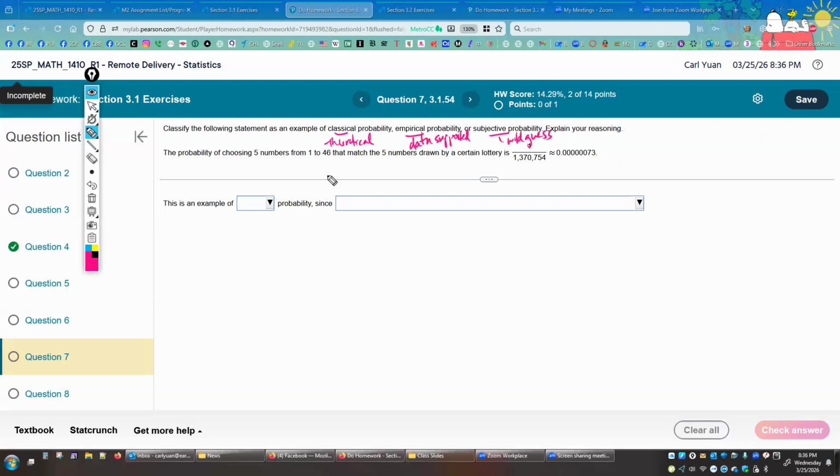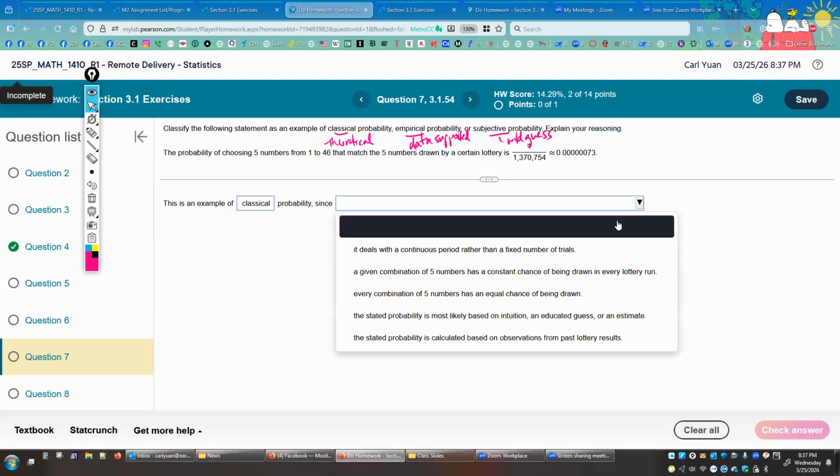Let's see this first one. So probability of choosing 5 numbers from 1 to 46 that match 5 numbers drawn by a certain lottery. Whenever we are at the mercy of a game of chance, it is usually a classical probability. That's my guess.